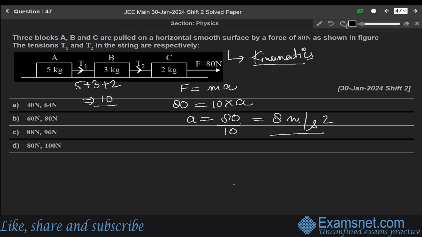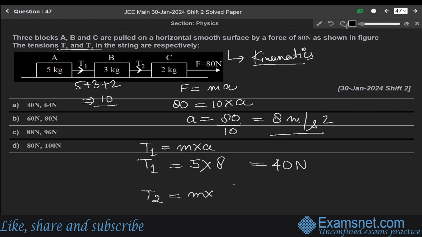Now the question is asking about the tensions T1 and T2. So for T1, it will be equal to mass into acceleration. T1 will be 5 into 8, so T1 is 40 Newton. And T2 is again mass into acceleration.